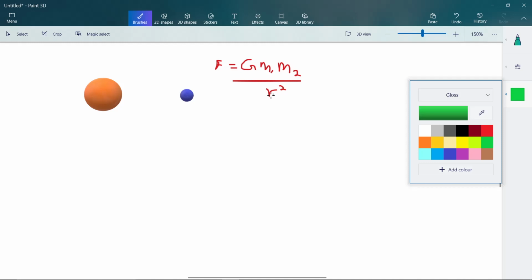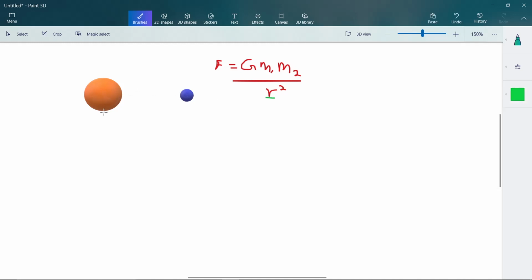So this R is the distance from the center of the two bodies. Like, let's say this is the sun and this is the earth. So it's the distance from the center of the sun to the center of the earth. That's what we call our R. And then this F is just the gravitational force. The SI unit of force is newtons.